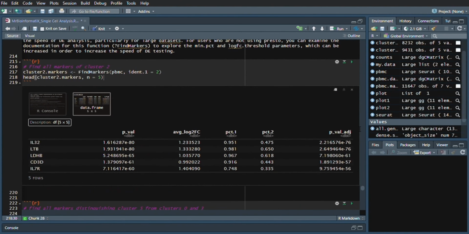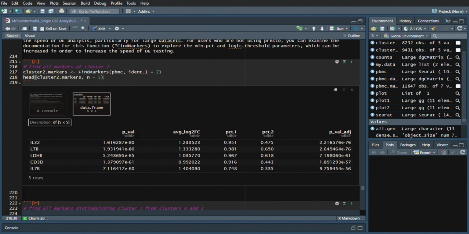And here we have it. As you can see, we have our genes here, the 5 genes, and we have p-value, average log2 fold change, pct.1, pct.2, and p-value adjusted, or adjusted p-value.